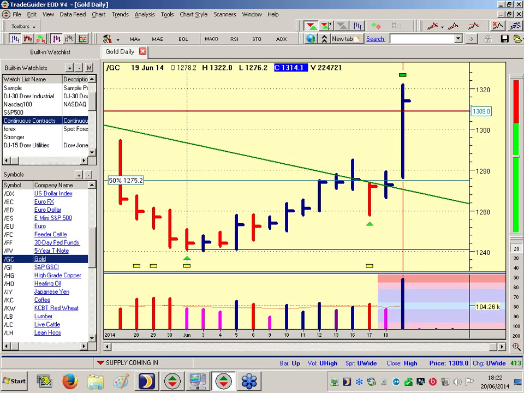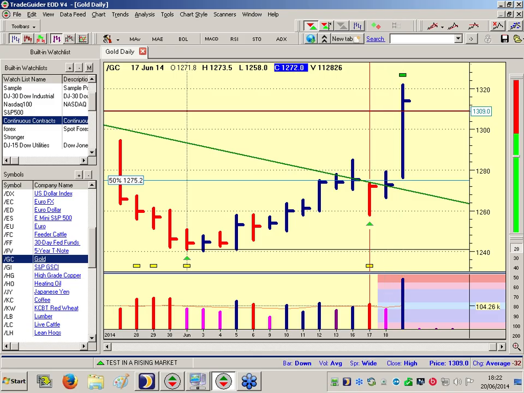I don't follow gold closely, but when I look at that and say, wow, widespread up, it's now overbought. And it does seem to go in the opposite direction to the S&P 500. In other words, when that shoots up like that, the S&P usually is weak, apparently.